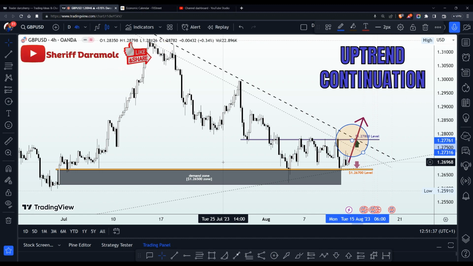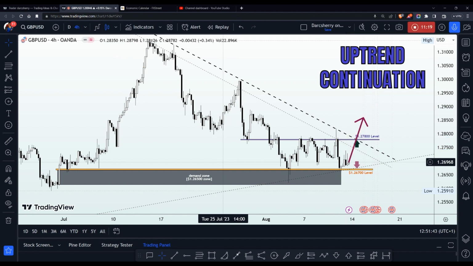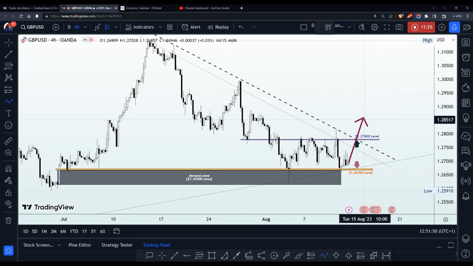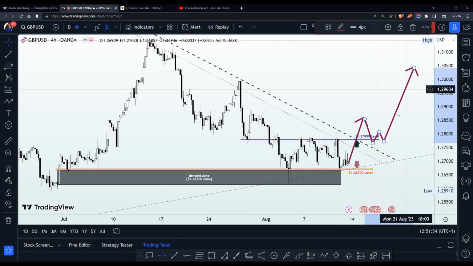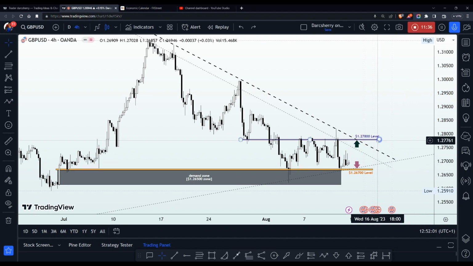And of course, we know that once a descending trend line is broken, it's a clear sign that the trend line may no longer have the capacity to continue to negate that bullish attempt. So a breakout retest of structure will be a beautiful opportunity to join an uptrend continuation. So these are my views here on the GBPUSD for this week.